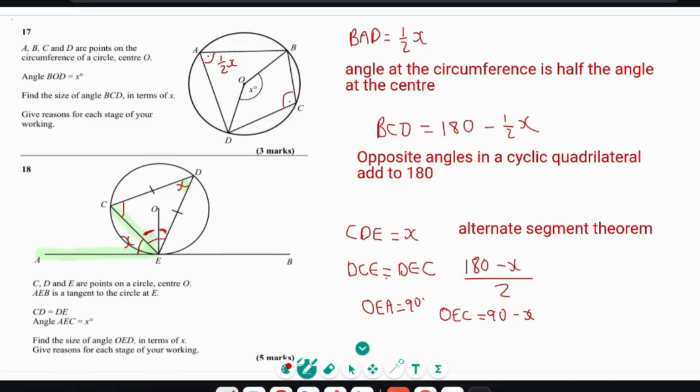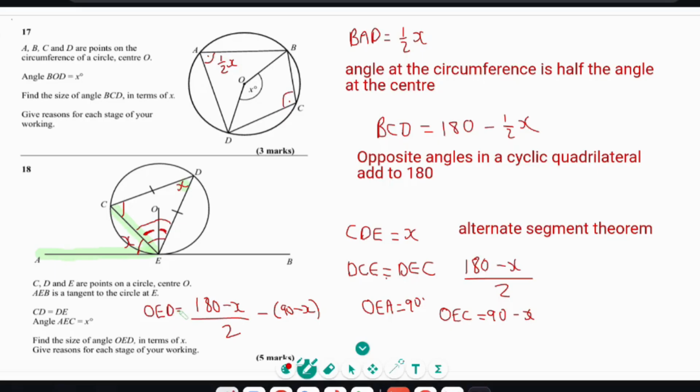So now we know that this whole angle here is 180 minus x over 2. And that mini angle there is 90 minus x. So if we subtract the 90 minus x from the 180 minus x over 2, we should get our answer for OED.